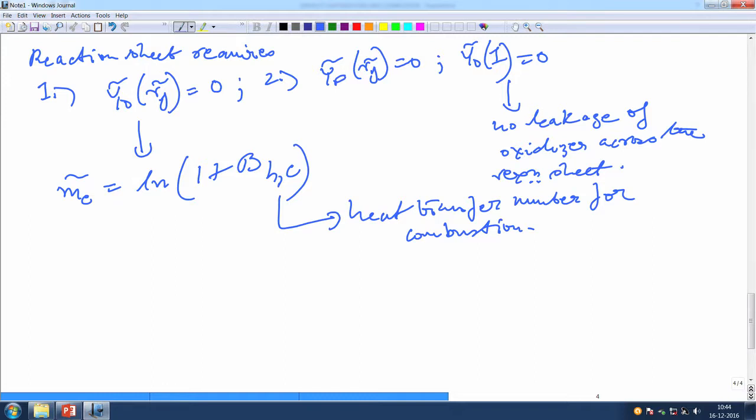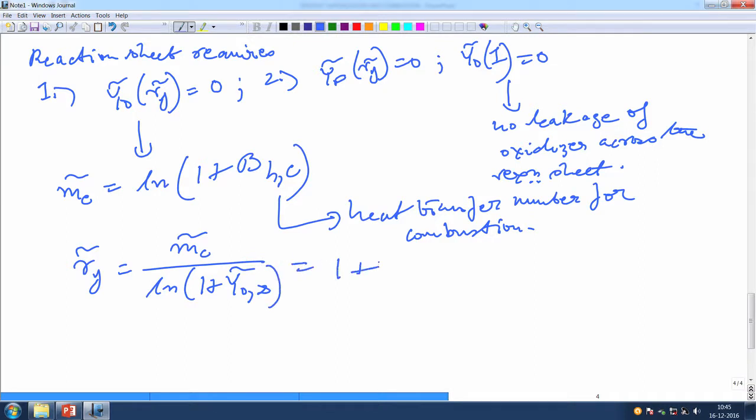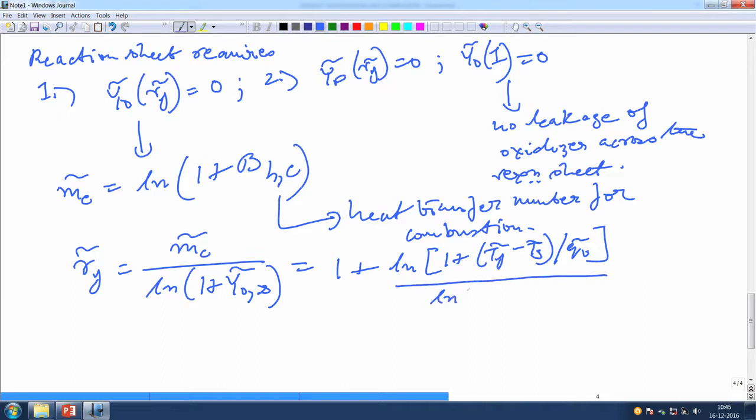So, similarly the RF is given by MC into ln 1 plus this, which can also be written as ln 1 plus TF minus TS divided by QV, divided by, if you solve, we are once again not going through all the math, we are just showing the basic steps.